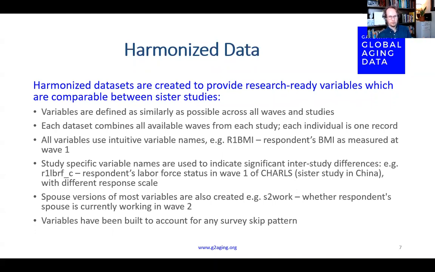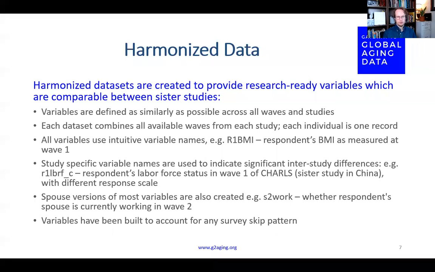All variables use intuitive variable naming. So for instance, a variable named R1BMI is the respondent's BMI as measured at wave 1. We also use study-specific variable names to indicate significant inter-study differences. For example, in the Harmonized CHARLS, the sister study in China, we have a variable called R1LBRF_C.